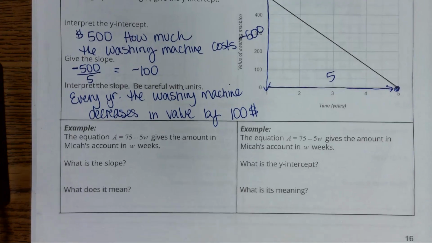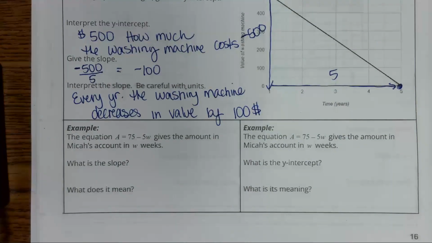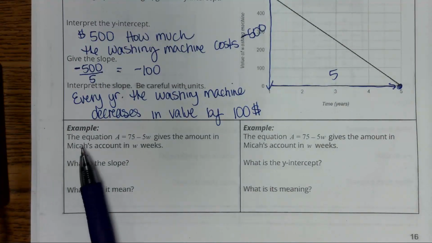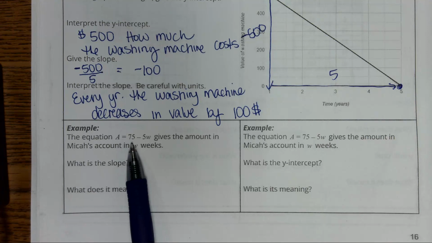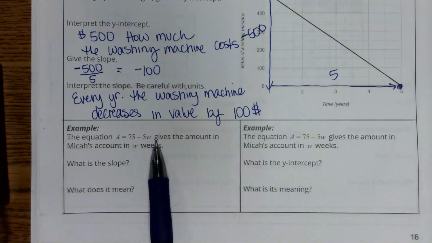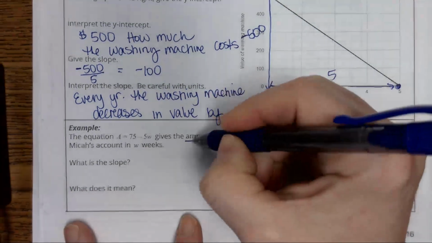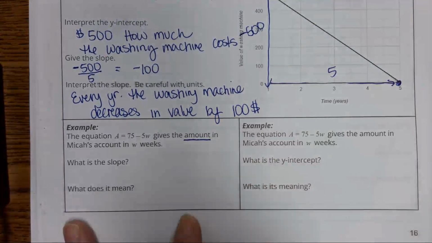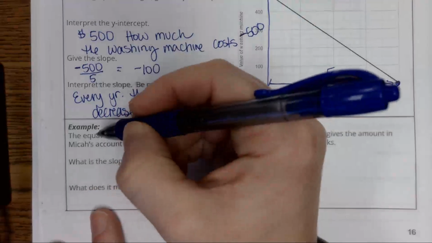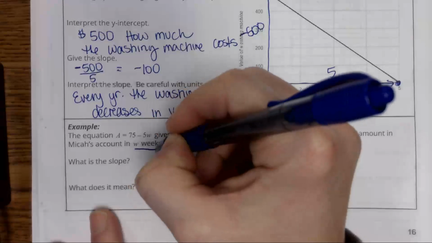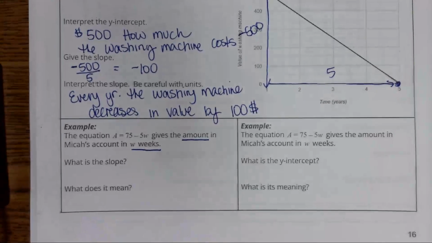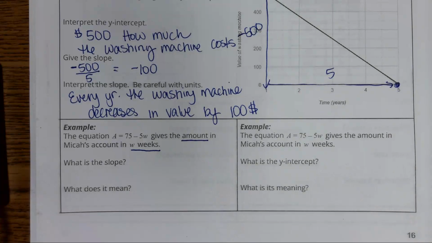Okay, let's look at the next equation. The equation A equals 75 minus 5W gives the amount in Micah's account. We're going to assume it's a bank account for W weeks. These are the same problem. Can somebody tell me what the slope is here? Identify it from the equation for me. What do you think, Shane?